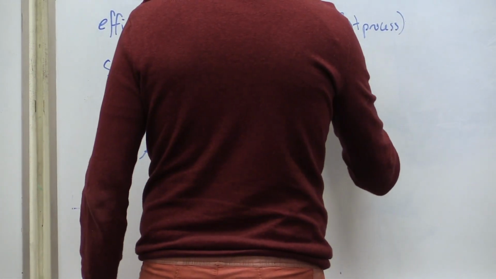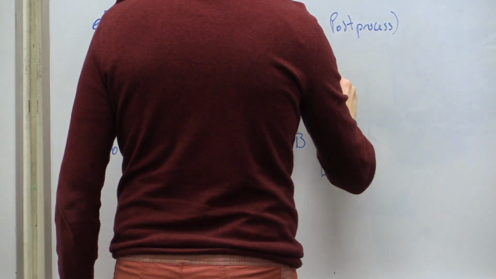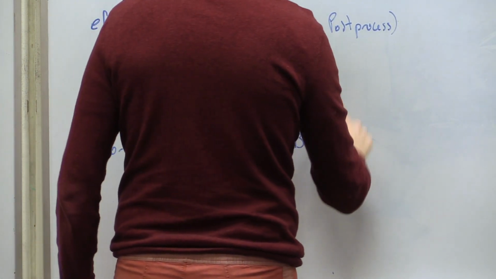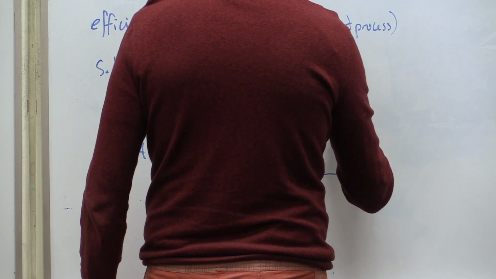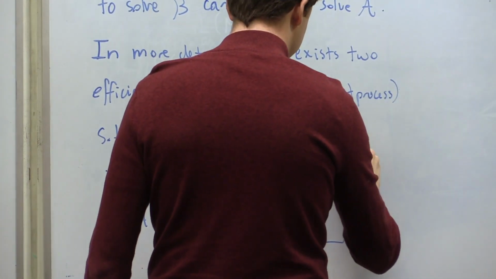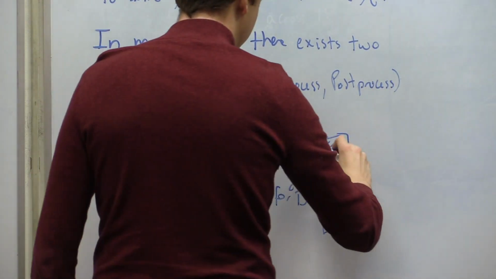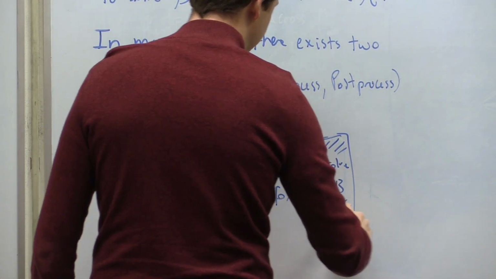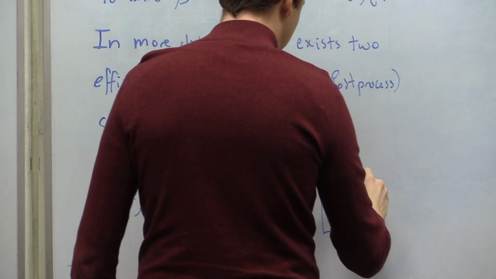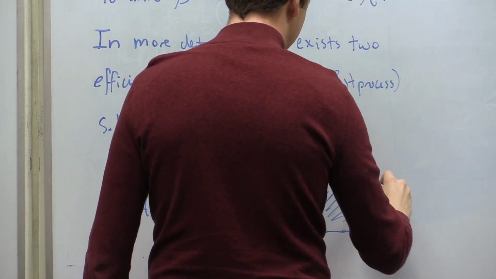And then there is some way to solve B. This is any subroutine, so we don't care what's inside here, just a subroutine to solve B. That will give us a solution, let's call it B of y.